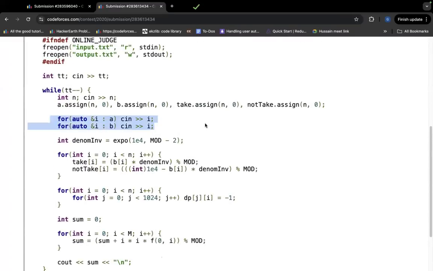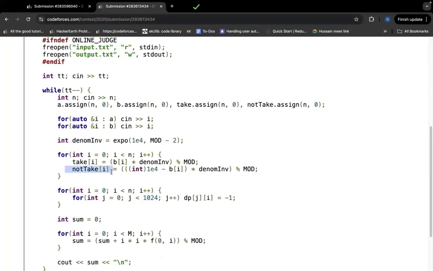So I take A, I take B, and then I'm calculating the take and not take probabilities. So for taking i, it is just b[i] divided by 10 raised to 4. Since it is under modulo, we would need modulo inverse. So it is denominator inverse.